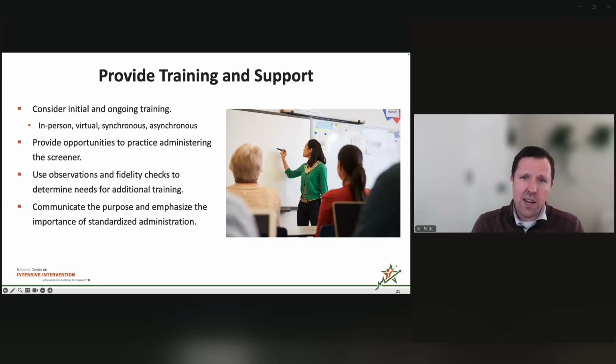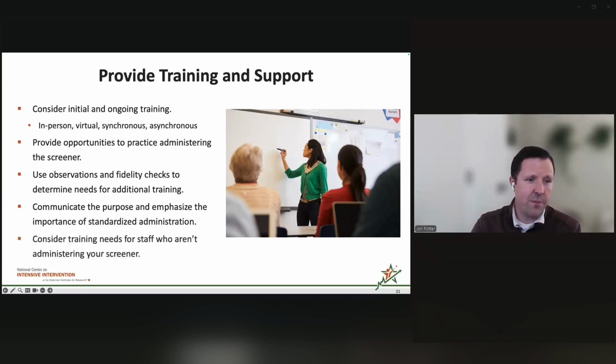I know if I just give them a couple extra seconds, they're going to hit that benchmark. So I'll give them a couple extra seconds, and then they hit the benchmark, we celebrate, great. But I've done that kid a disservice. I elevated that score so it's not an accurate score, and I've prevented them from being identified as in need of additional support. So we want to make sure people understand the importance of doing this in a standardized way.